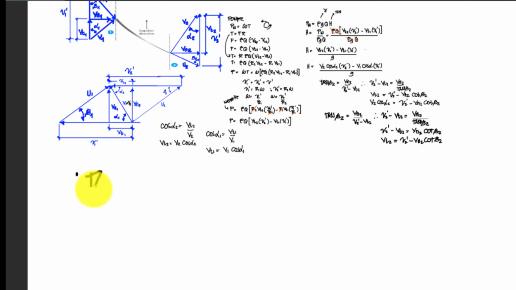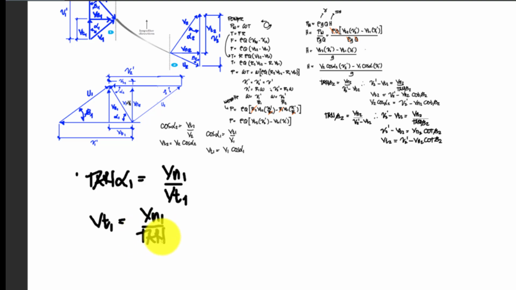We have the tangent of my alpha 1, which is equal to your opposite, the normal velocity at point 1, over your adjacent, the tangential velocity 1. We can rewrite this one as the tangential velocity 1 is equal to the normal velocity 1 times my cotangent of your alpha 1.